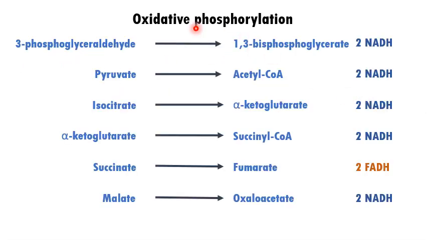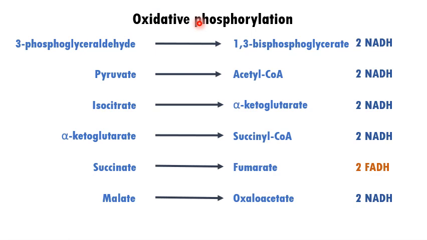Next, the second, very important type of ATP production is oxidative phosphorylation. Where does it occur? Oxidative phosphorylation occurs in the electron transport system, which is present in the inner mitochondrial membrane, the cristae, the folded membrane of the mitochondria.